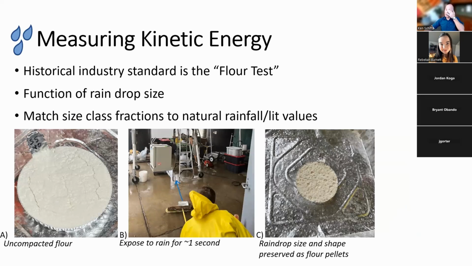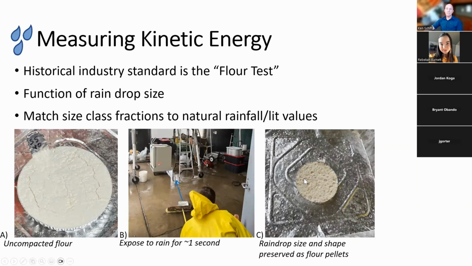So the next thing was about raindrop size and the kinetic energy. Kind of the industry standard historically has been this thing called the flour test. For this, I have to tip my hat to Eddie Tiernan. I had never heard of it before, but it's a real thing. Basically, you fill up a pan of uncompacted flour. Essentially, you put it under the rainfall simulator for a very short amount of time.